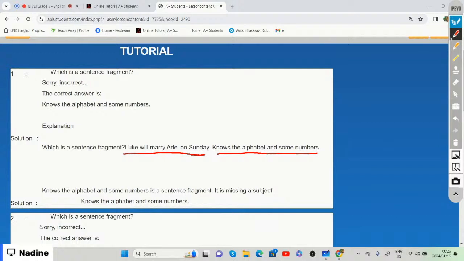And remember we said that a sentence fragment does not express a complete thought, and it's either missing a subject or it's missing a verb.